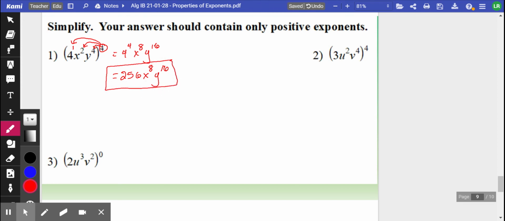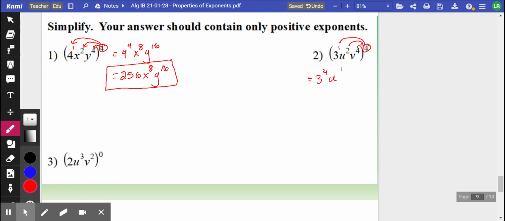For number 2, okay, all of these are raised to the 4th power. Remember, this 3 has a 1, and this 4 is what we are multiplying to all 3 of those. So for the 3, 1 times 4 is 4.